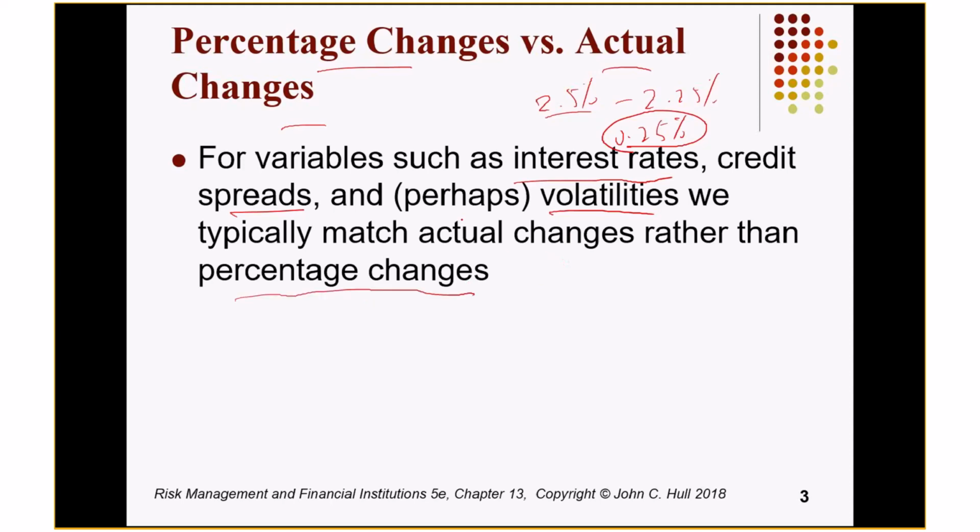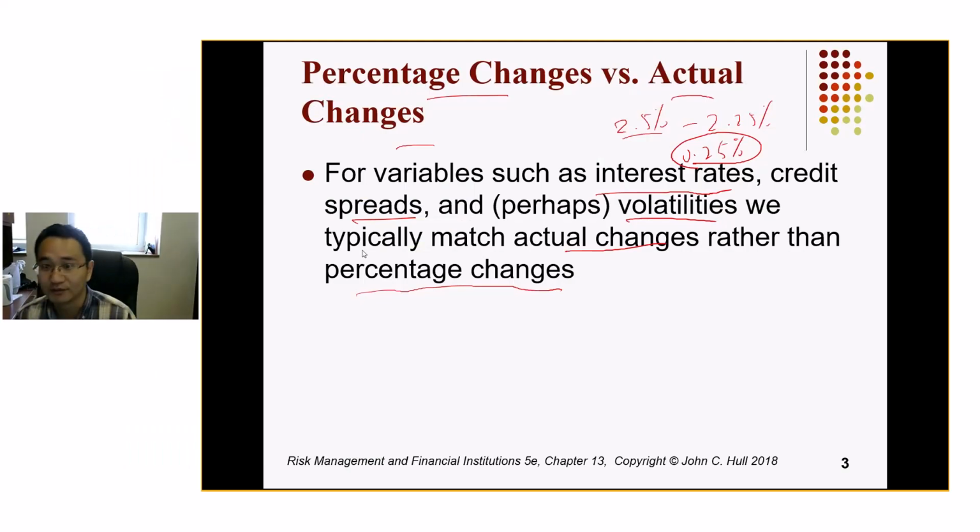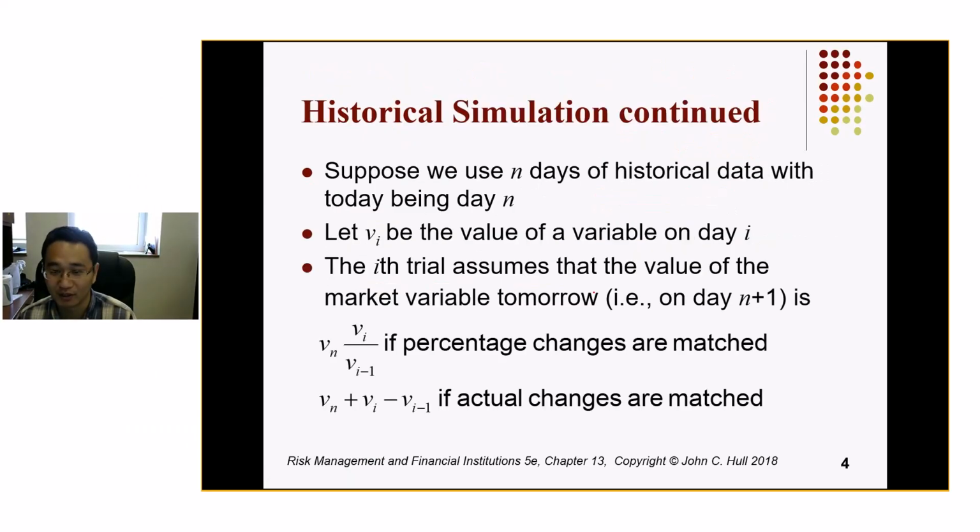It's your choice. You can choose it, and then you can look back to see whether those have better outcomes. So this simply summarizes percentage change, value change and actual change regarding using mathematical formulas.